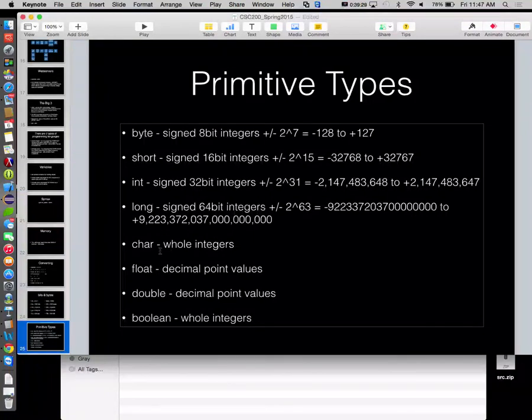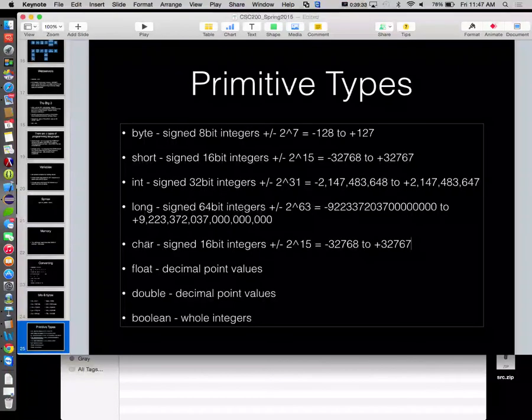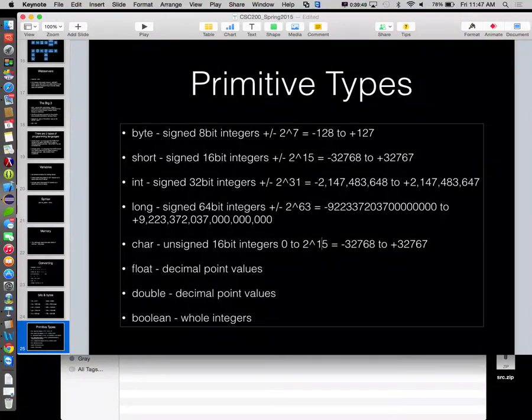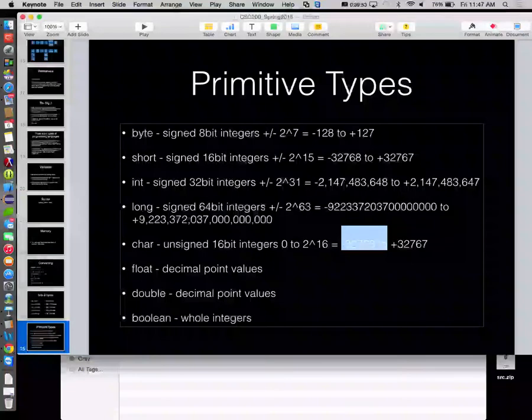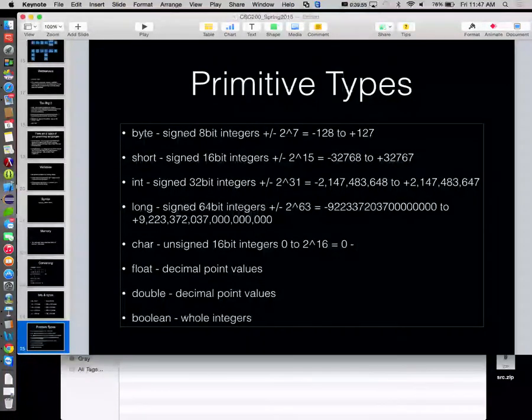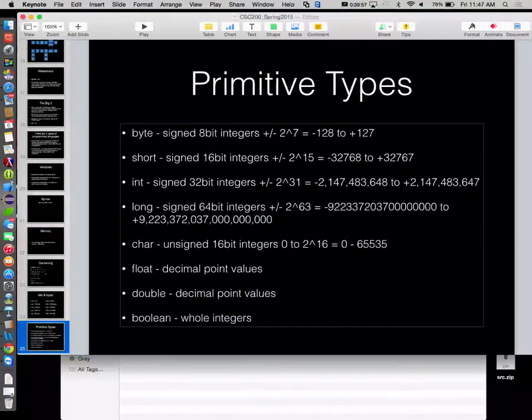Now the surprising thing here, though, is that a char is actually an unsigned 16-bit integer. Which is 0 to 2 to the 16th, or 0 to 65,535.